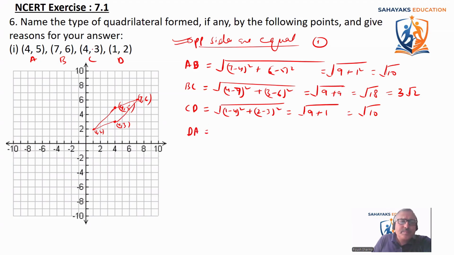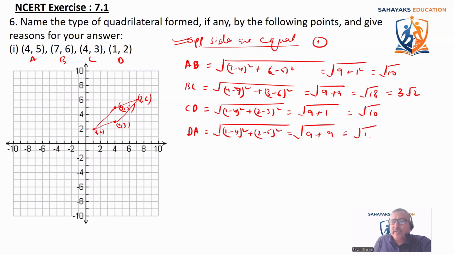DA is square root of (1 minus 4) whole square plus (2 minus 5) whole square. So it comes out to be square root of 9 plus 9, which is square root 18. That comes out to be 3 root 2.